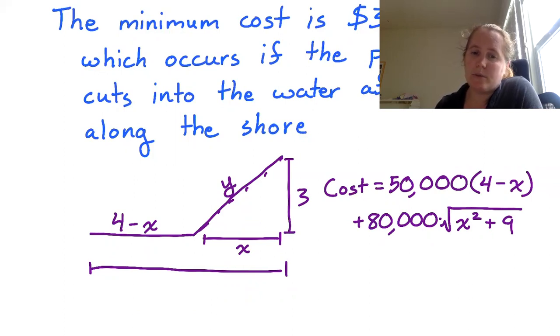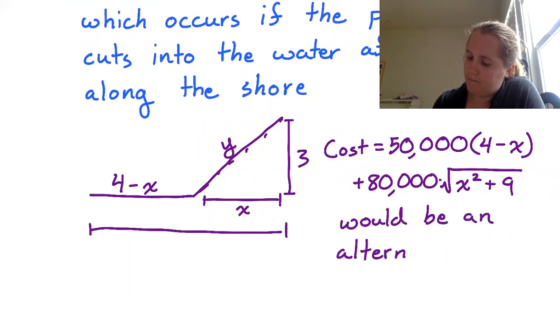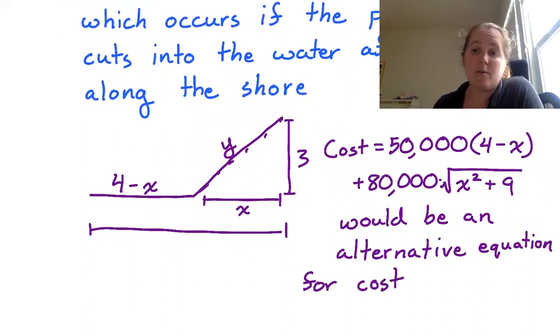And then of course we would have to finish by finding 4 minus X to figure out when we cut out to C. So this would be an alternative equation for cost if we labeled our variables differently.